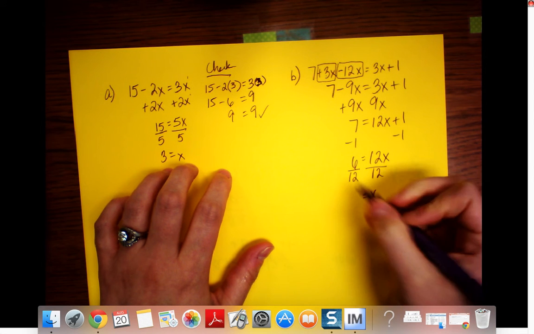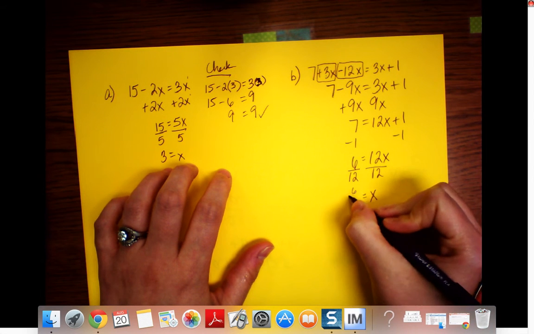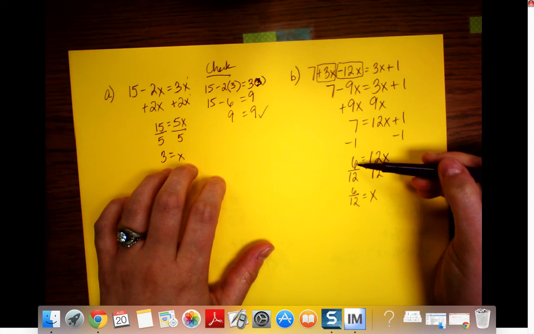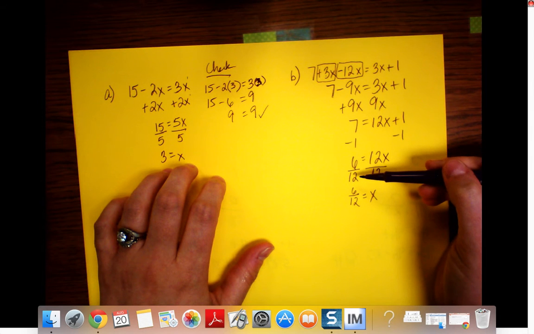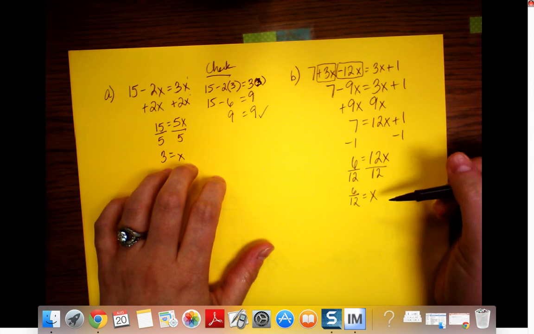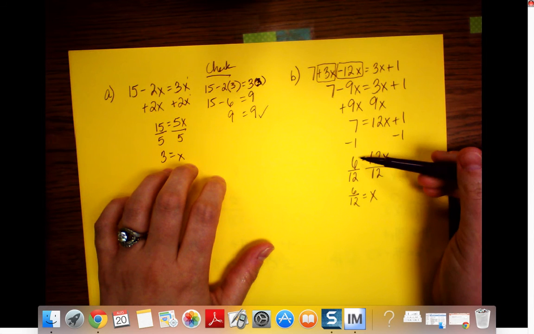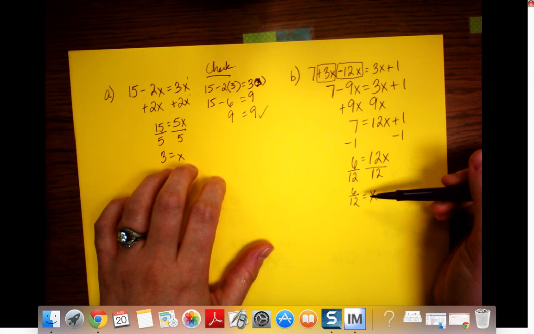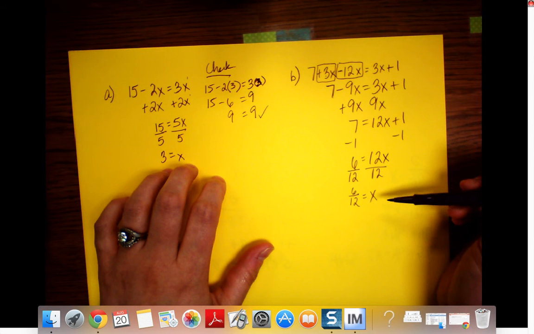Six twelfths is a fraction, and I tell my students, yes, you can divide 6 by 12 and you will get a decimal, but we're going to focus on leaving our answers in fraction form. So even if they're an improper fraction, we're going to do that as well.